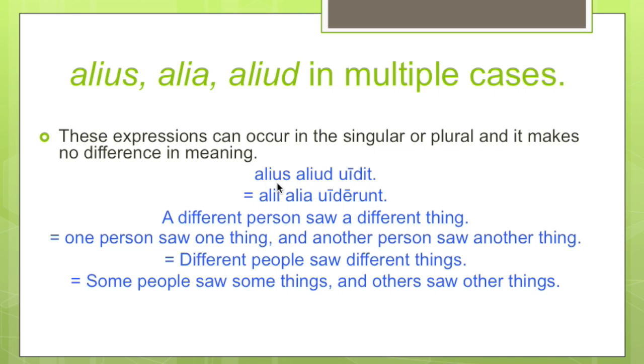This expression here means exactly the same as alii alia viderunt. Some people saw some things and other people saw others. It really doesn't matter whether you do this expression in the singular or plural, the meaning is the same.